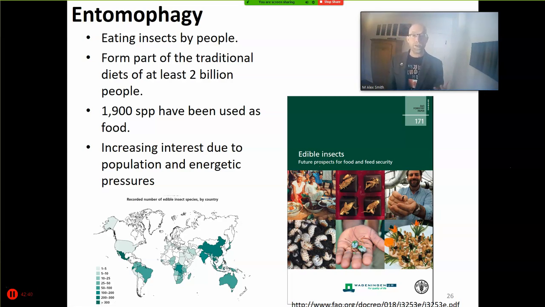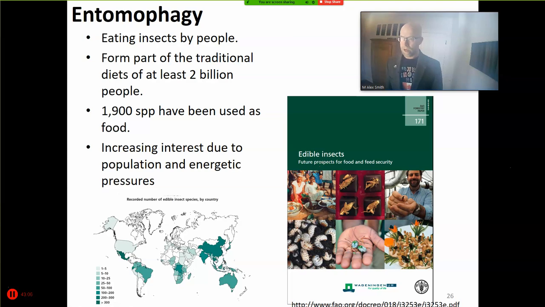But there is increasing interest in entomophagy for our species across the world, due to an increasingly large population and energetic pressures associated with us generating protein as we traditionally do, at least in the West, with cattle and pigs and sheep. You can see the map on the bottom is the recorded number of edible insect species by country.